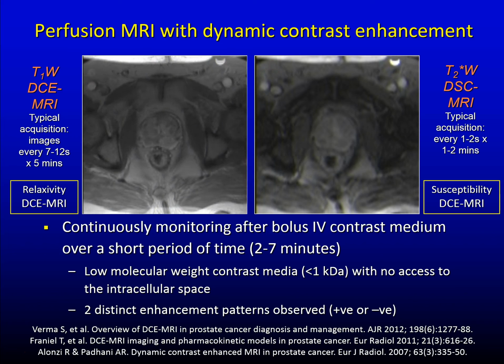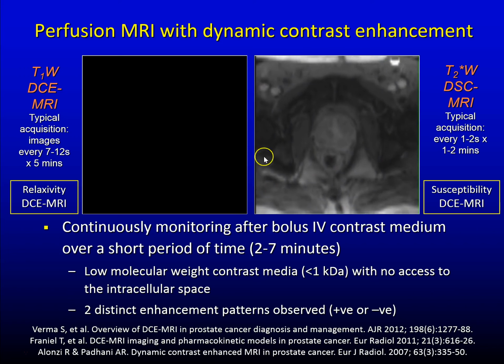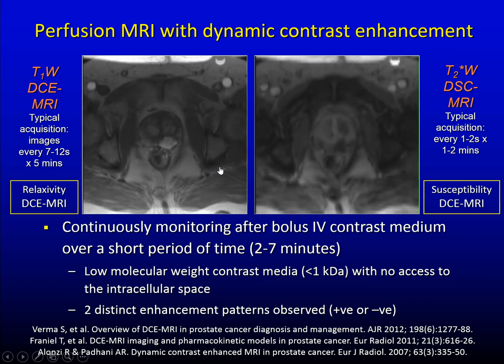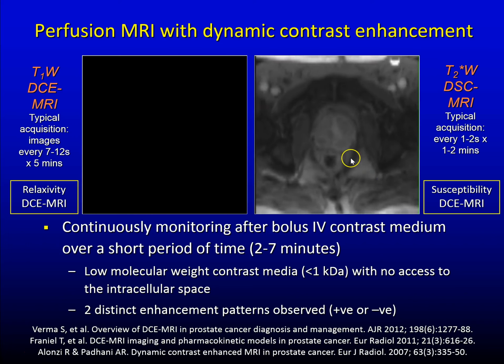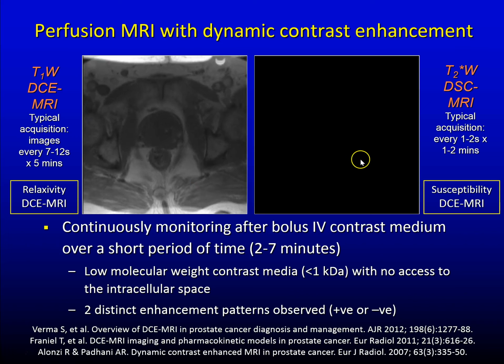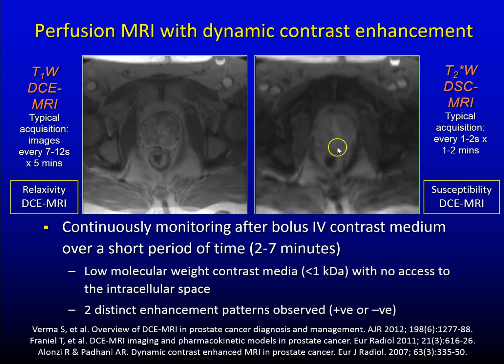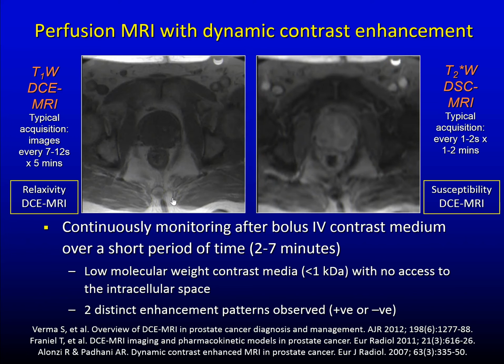So if you were to inject contrast medium into a patient and you were to do a T1 or a T2 experiment, you would see two different phenomena. If you ran a T2 experiment, you would see darkening. So here, for example, you see an area of darkening, which in fact corresponds to this area of brightening on the T1 sequence.